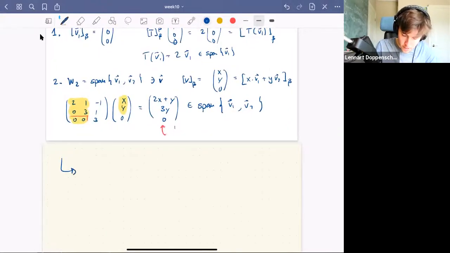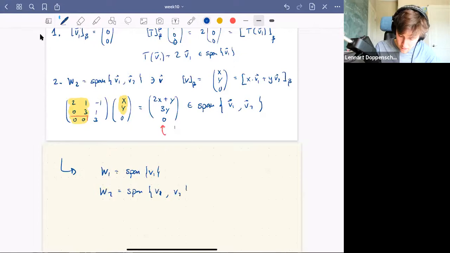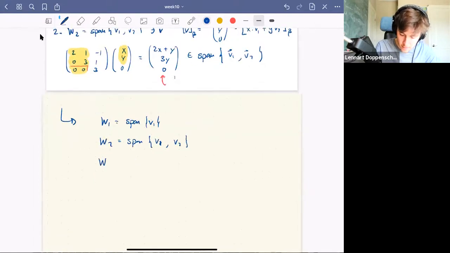this means that W1, which is the span of just V1, W2, which is the span of V1 and V2, and finally W3, which is the span of all three, but this is just V, are all invariant.